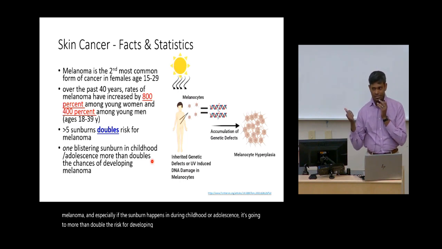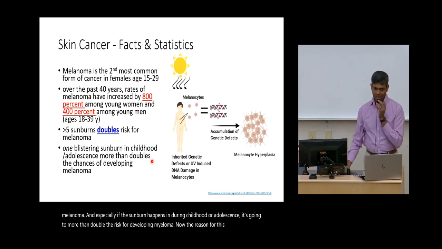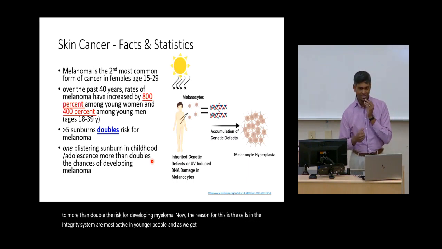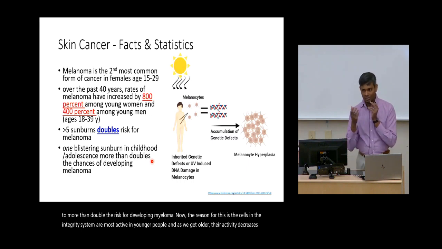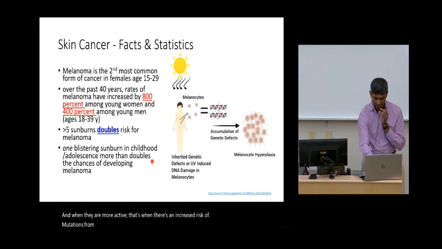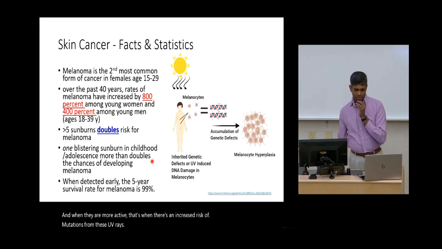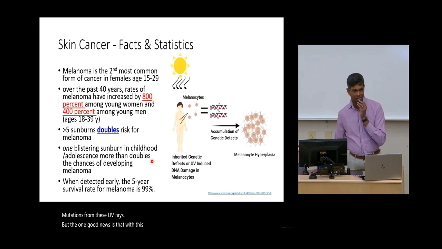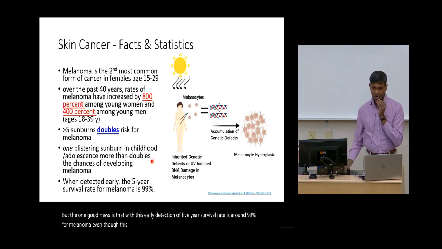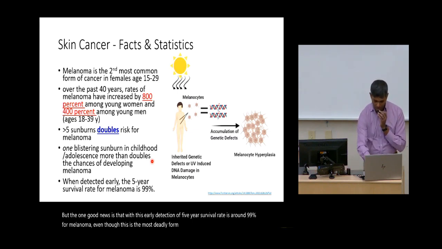Now the reason for this is the cells in the integumentary system are most active in younger people, and as we get older, their activity decreases, and when they are more active, that's when there's an increased risk of mutations from these UV rays. But the one good news is that when there's early detection, the 5-year survival rate is around 99% for melanoma, even though this is the most deadly form of skin cancer.